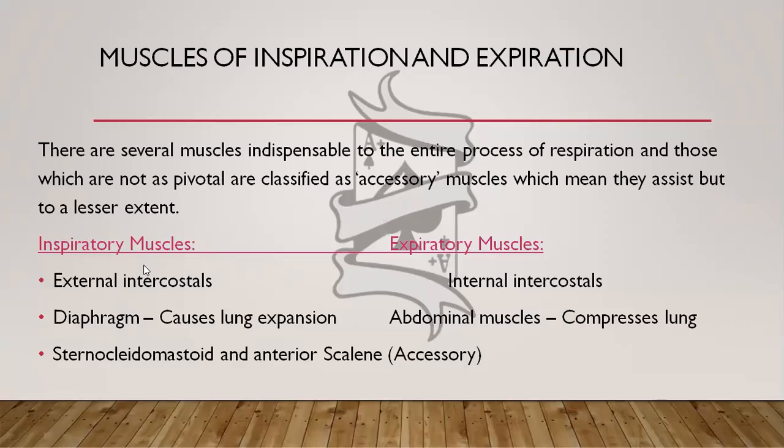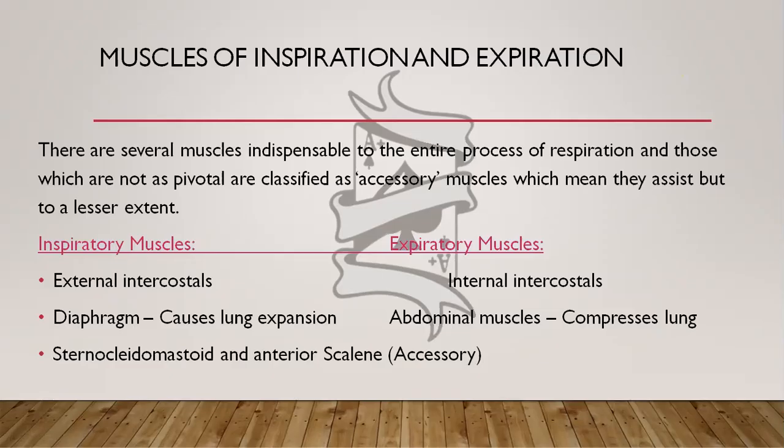But what is the rule that I told you from before? An increase in volume means a decrease in pressure, because that's a rule. Atmospheric pressure sits at 760 millimeters of mercury, right? I am going to use my external intercostal muscles to increase the volume and thereby decrease my pressure.